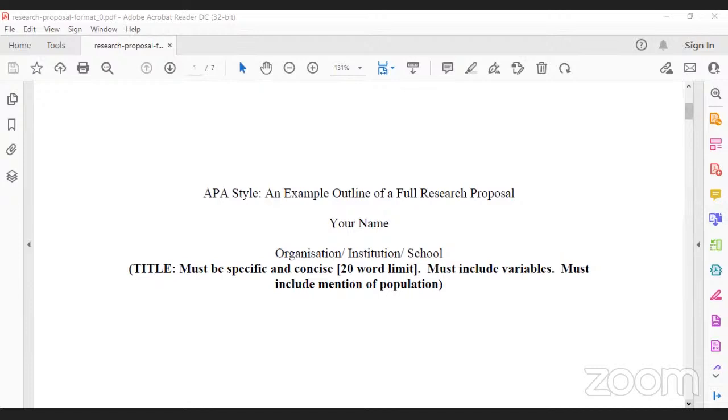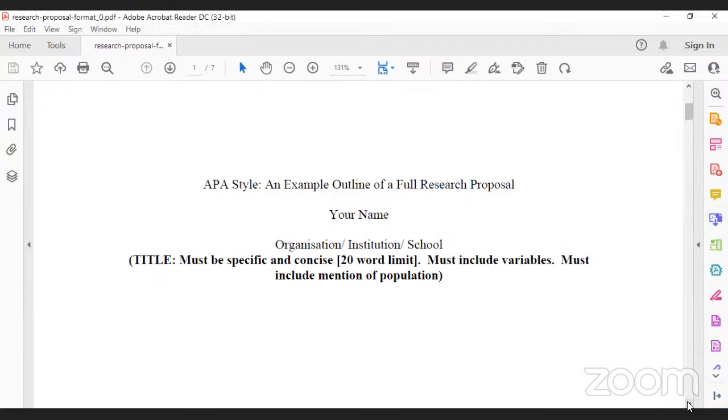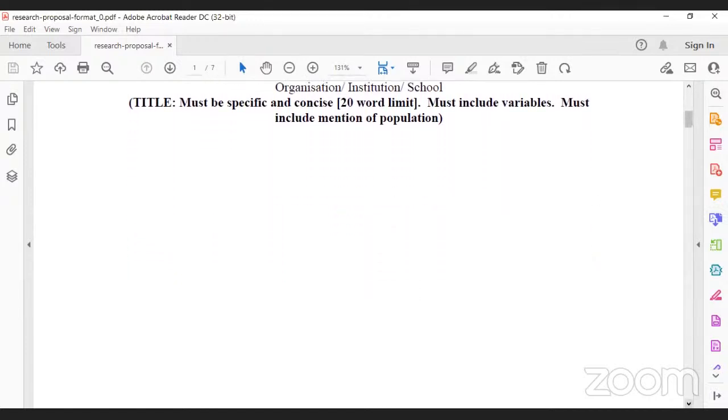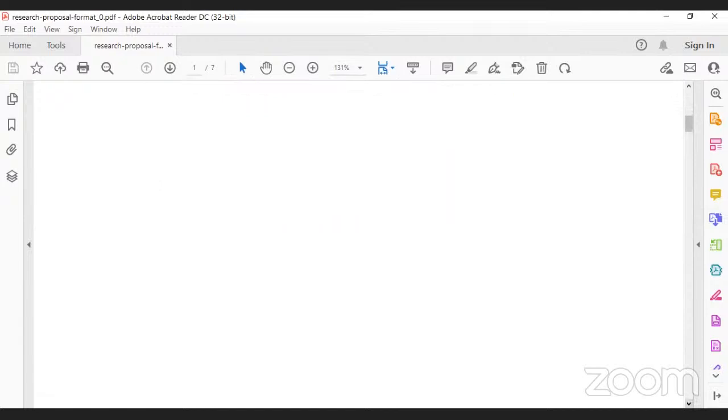So mentioning the population shows how specific you are going with your study. The title must be specific, must include variables, and must include a mention of population. So this is how you would be writing your research proposal. Let's go ahead.